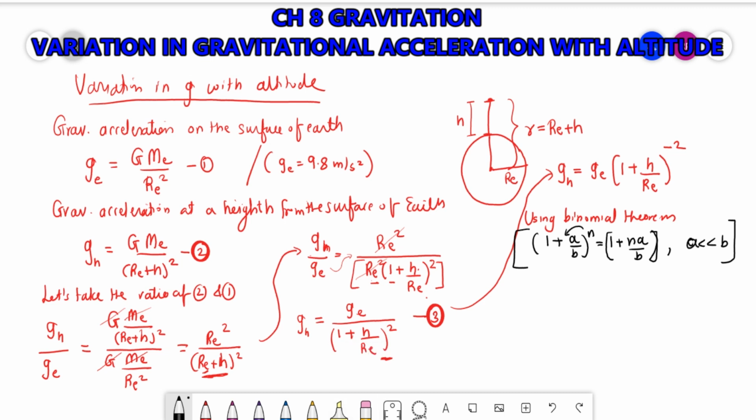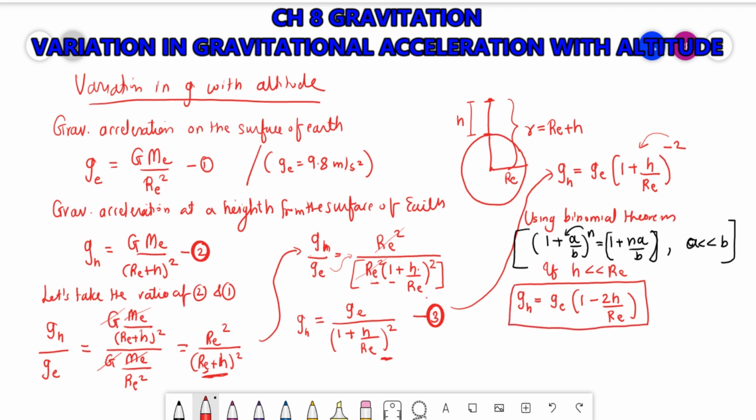If I take h very much less than RE, meaning the height is not too high, then using the binomial theorem, Gh will be equal to GE times 1 minus 2h by RE. This is the equation of gravitational acceleration at height h from the surface of Earth.